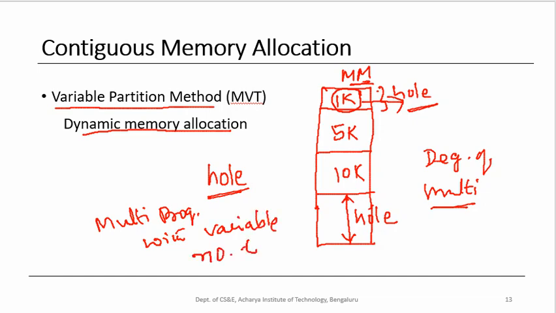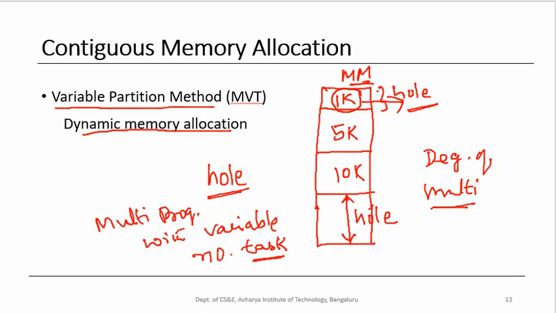That means a priori you cannot say how many tasks could be executed concurrently. So it depends on the memory requirement of the task. It could be 2, it could be 4, 5, etc. depending on the size of the main memory and the memory requirement of the tasks or processes that come into the main memory.